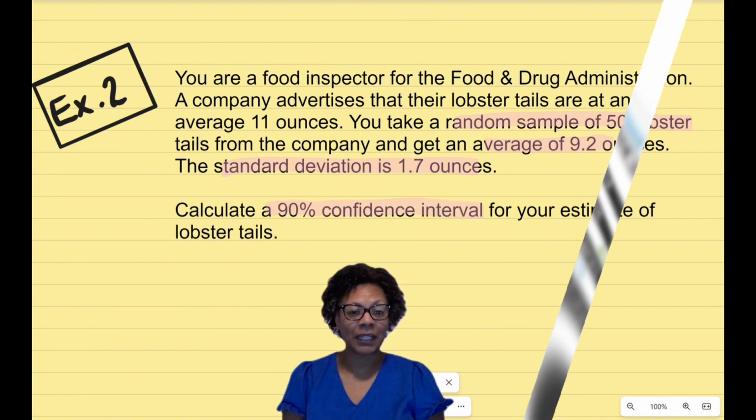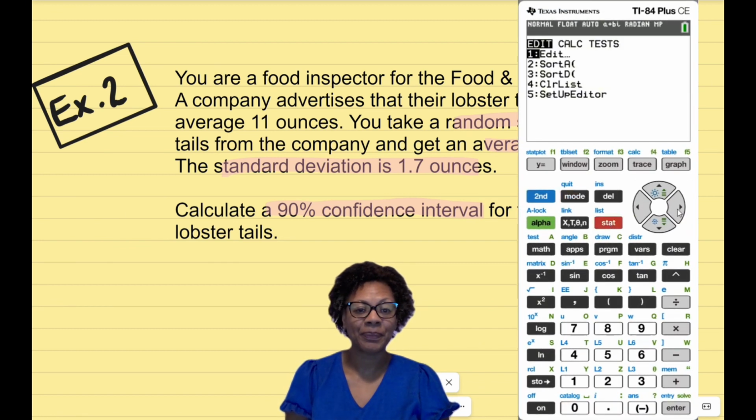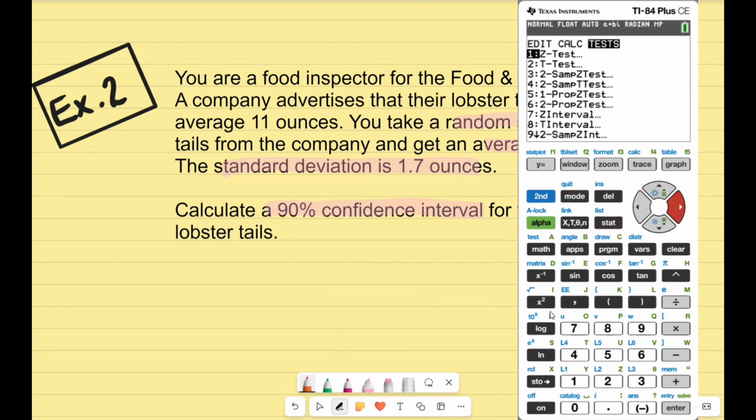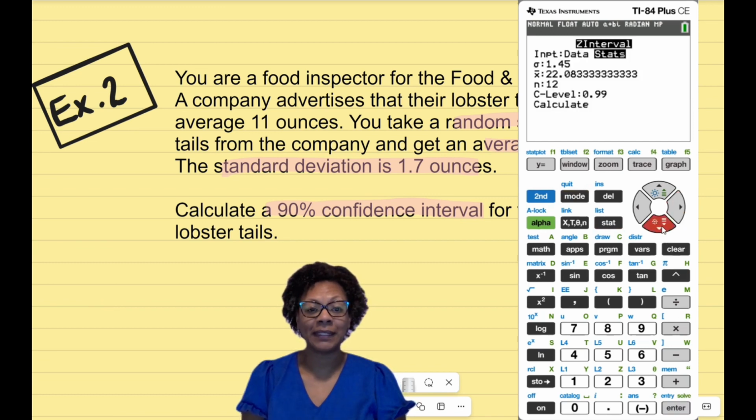So in the calculator, I want to go to Stat, scroll over to Test. This time I'm going to select number 7, Z interval. And now I'm going to move over to Stats and highlight that.